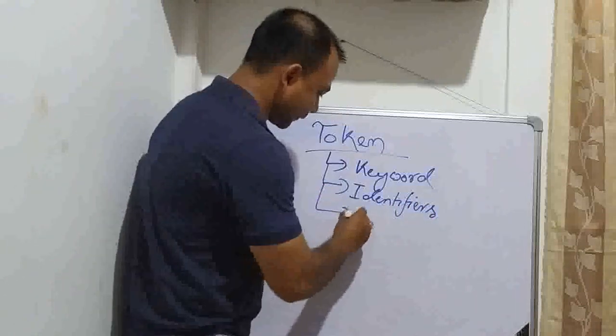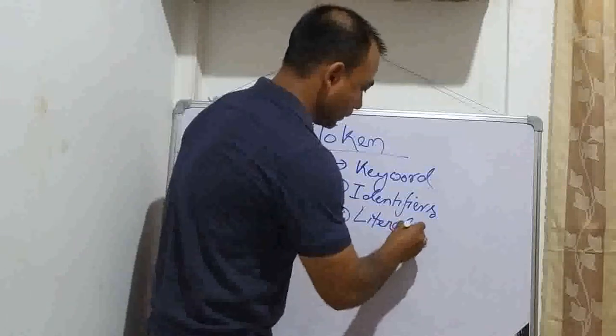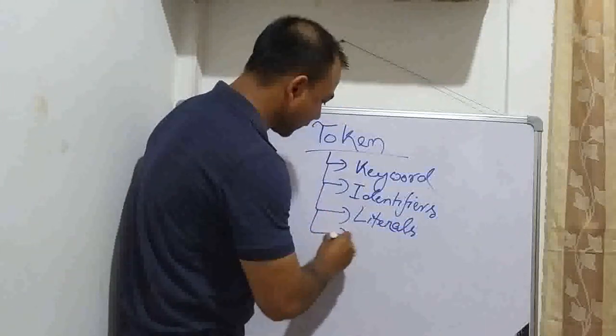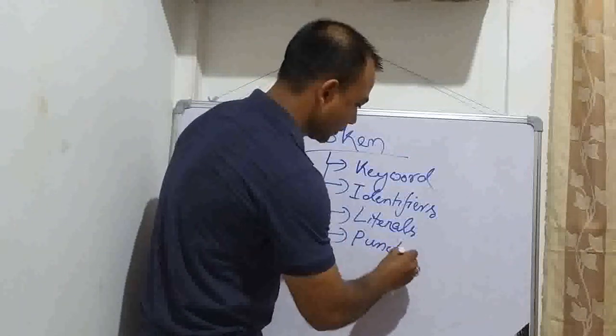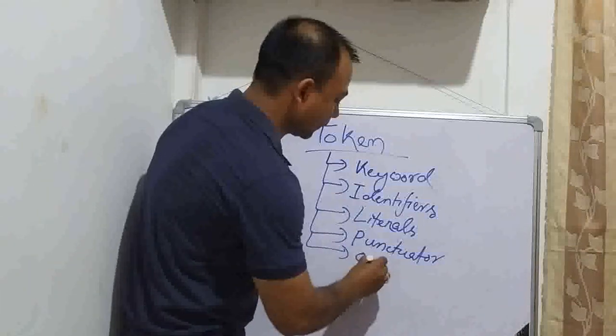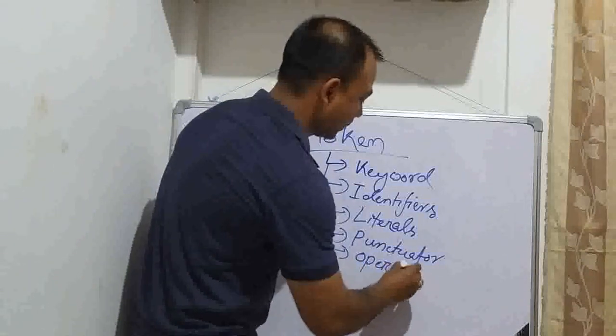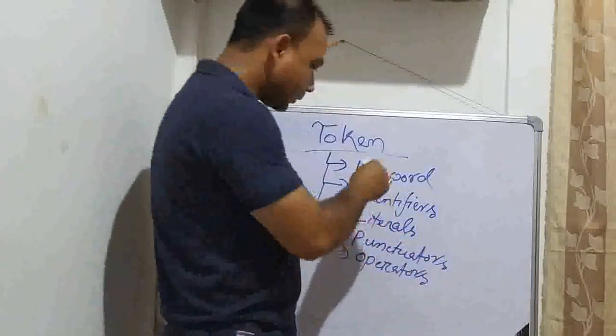The third token is literals. The next token is punctuator, and the last token is operator. So these are the tokens.